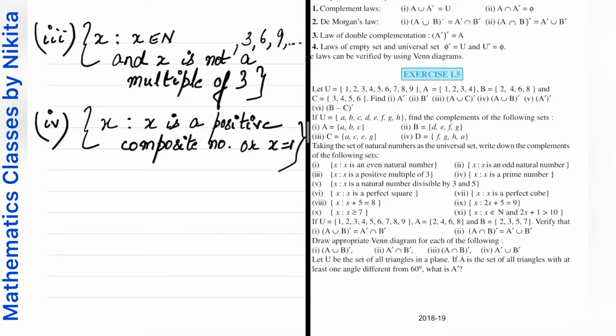Now you have to specify, also you have to include 1 in the set because 1 जो number होता है, natural number 1, it is neither a prime number and it is neither a composite number. ठीक है, so 1 को हमको specify करना पड़ेगा.